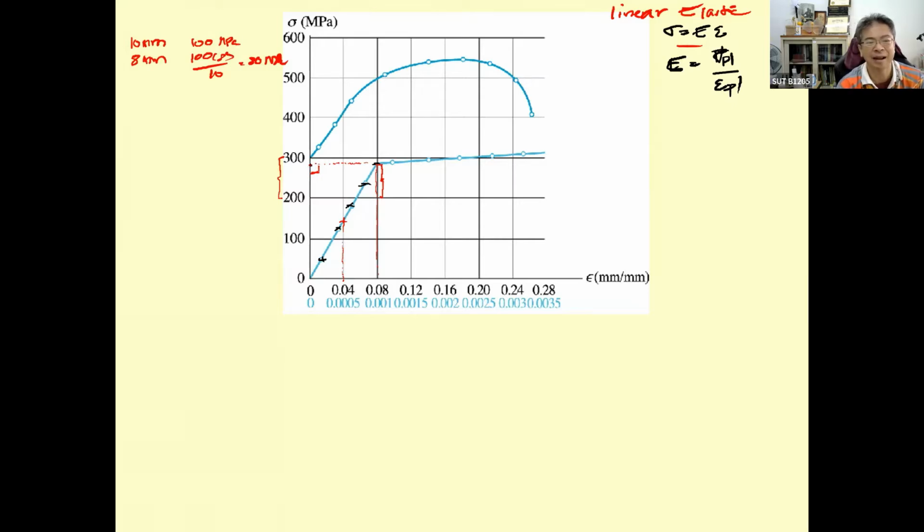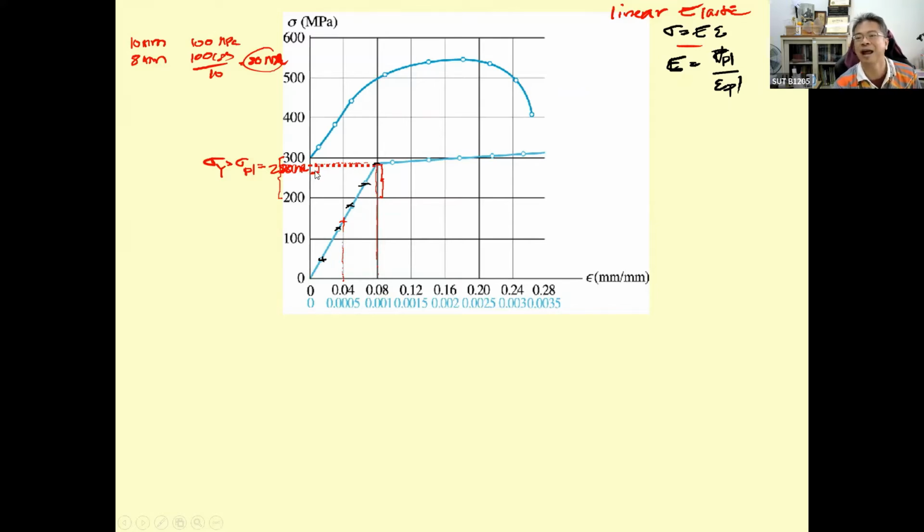Then over here, sigma sub y equals sigma sub PL plus 200, so 80 plus 200 is 280 megapascal, and again make sure this is at a normal angle.